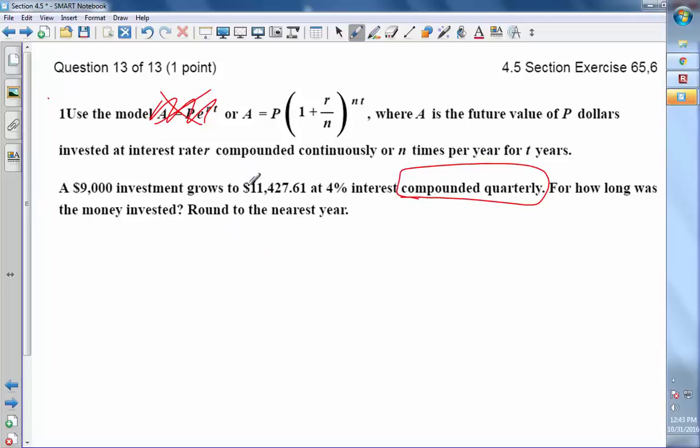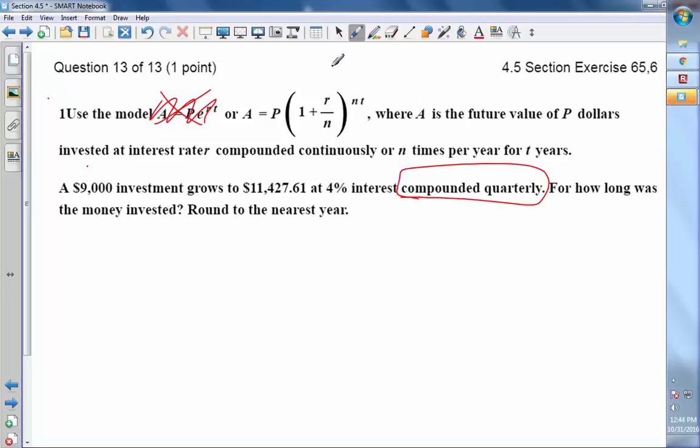You wait several years, and this is the money your initial $9,000 grew into. Your $9,000 became $11,000 and some change at 4% interest. Question here is, we don't know how long we're supposed to wait to grow this money to 11,000. Find that T, number of years, okay? And round it to the nearest year, we'll probably get some decimals.